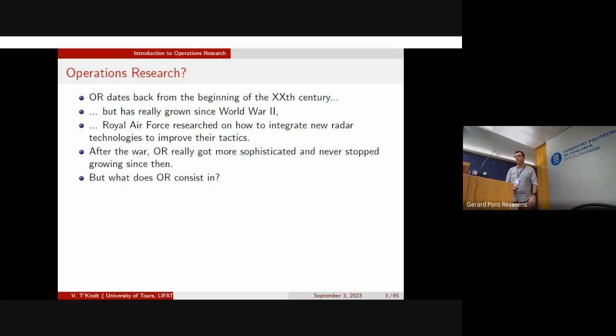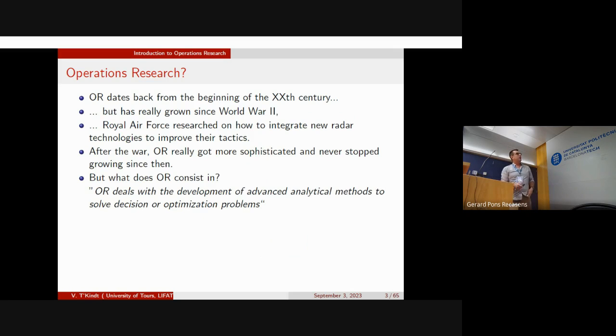But what is operations research? If you ask the question to 10 of my colleagues, you'll have 10 different answers. Because the term dates back from the Second World War and from a specific application. If I have to define that, I would say that, in fact, OR deals with the development of advanced analytical methods to solve decision and optimization problems.